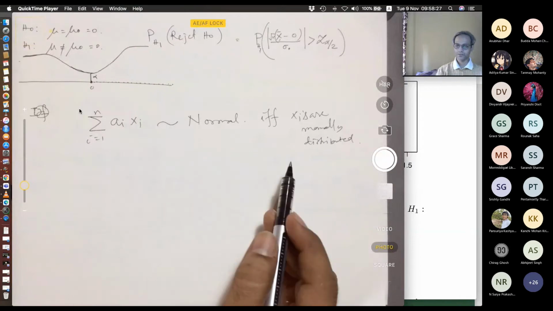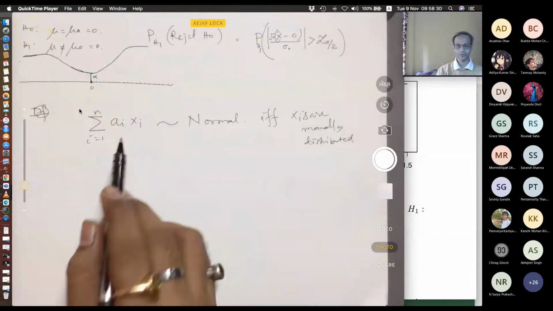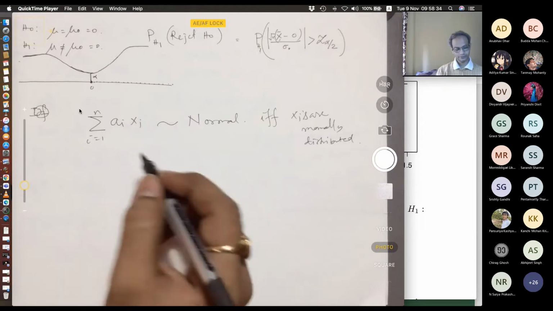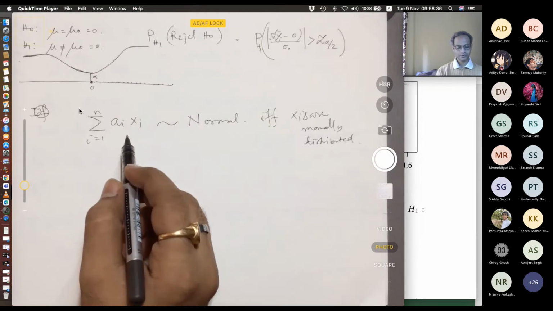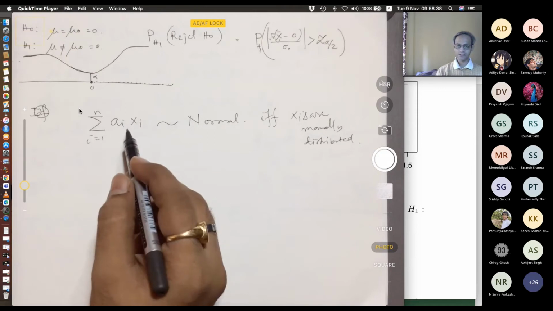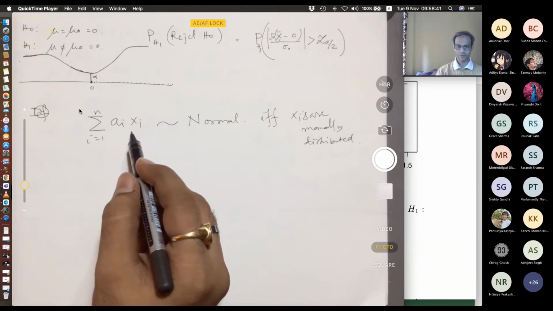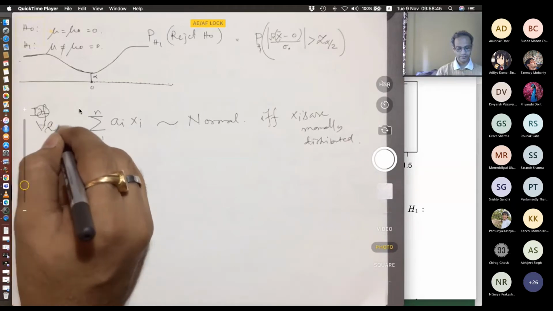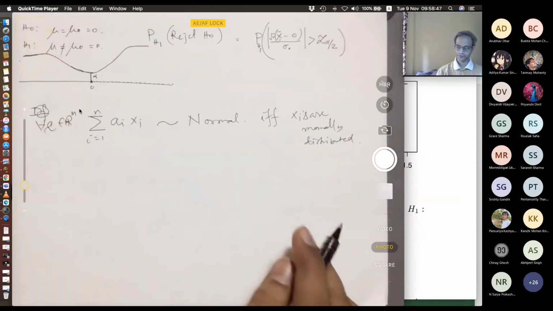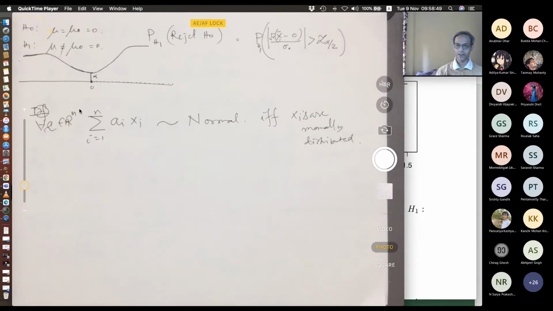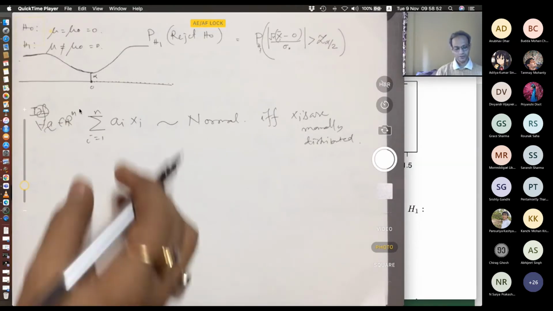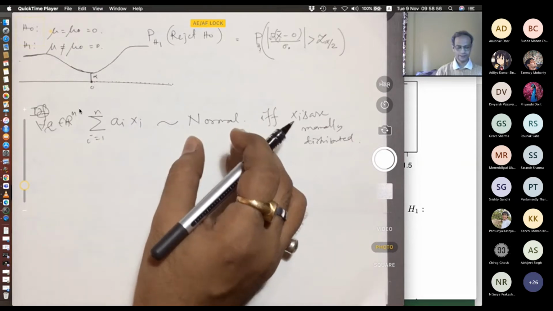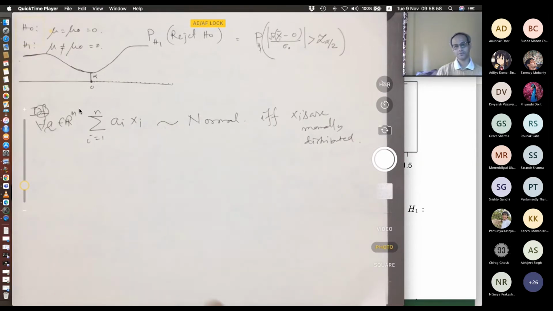If the xi's are normally distributed, their linear combination will always follow normal distribution. And if for any linear combination of x1, x2, ..., xn, for all a vector belonging to R^n, they follow normal, then individually each xi will follow normal.